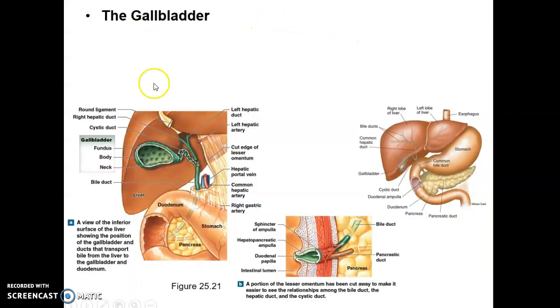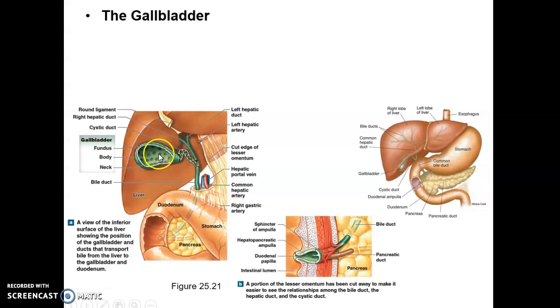So, bile is secreted from the hepatocytes in the lobules. Eventually, the bile will all come into one of the hepatic ducts, left or right hepatic duct. Then the bile gets stored in the gallbladder through what's called the cystic duct here for storage.